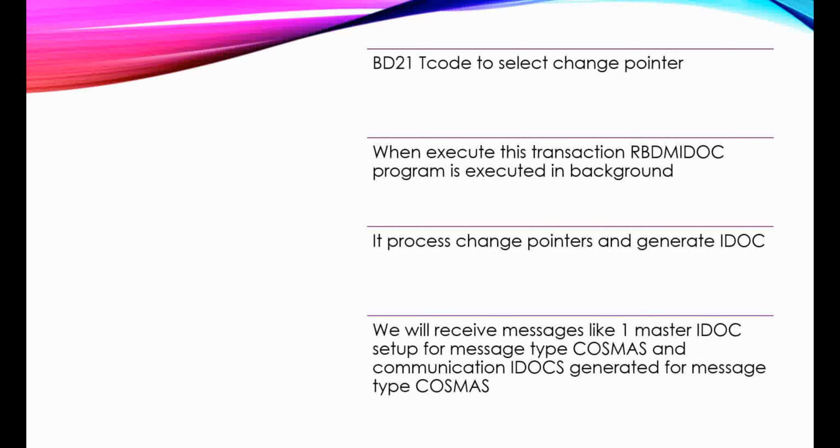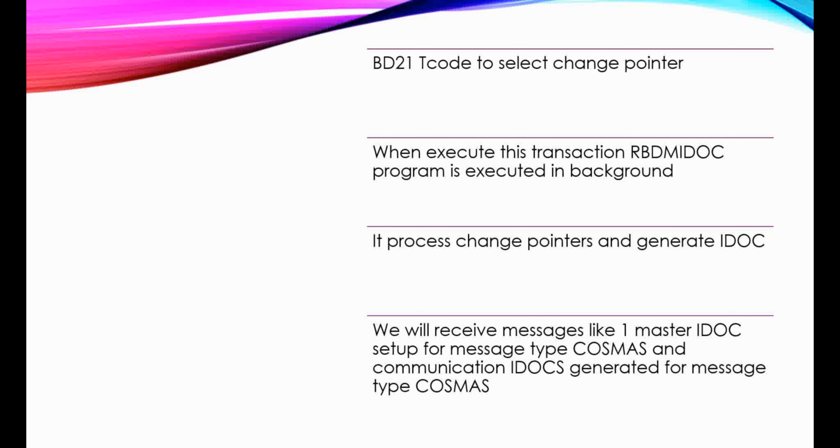It will select the change pointers generated in the previous step. This BD21 transaction runs the standard program RBDMIDOC in the background. This transaction will generate an outbound IDoc using the change pointers.